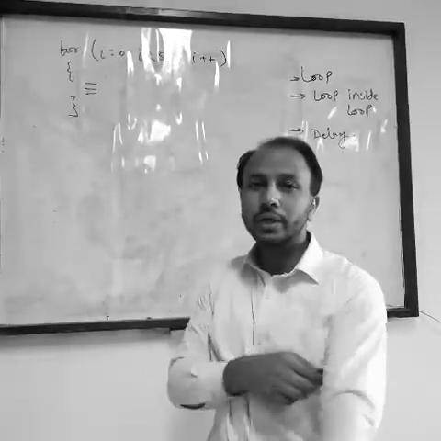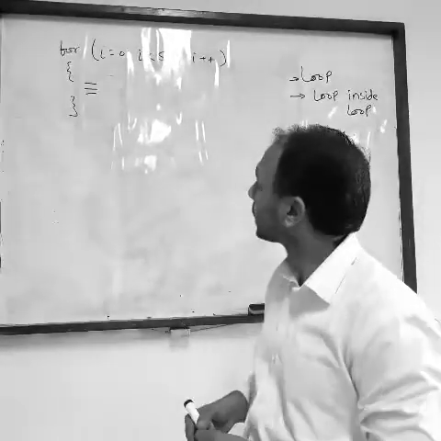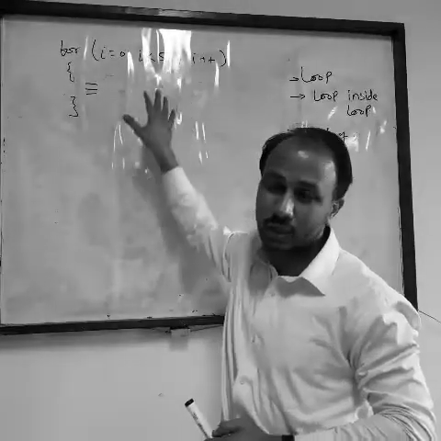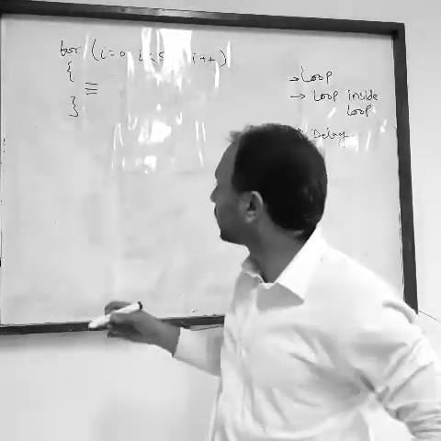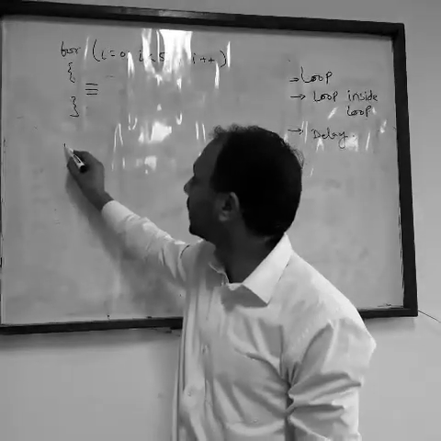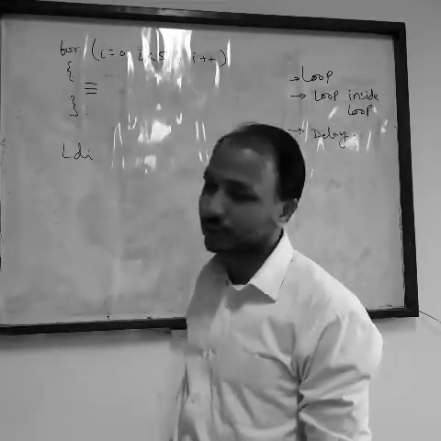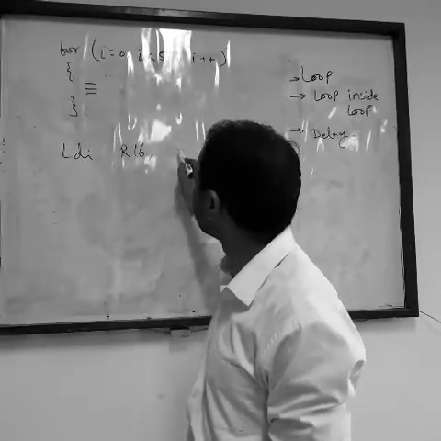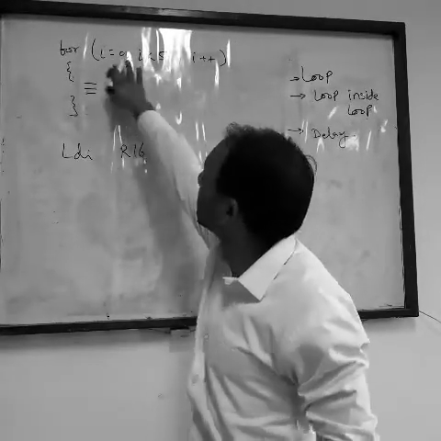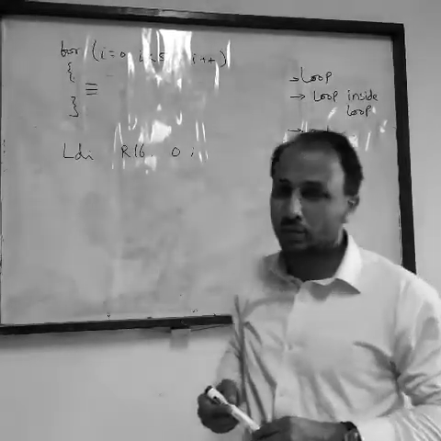How can we do it in assembly language? Here we need a counter, then we need a condition. So for example, we are using LDI R16, 0. This is our counter.